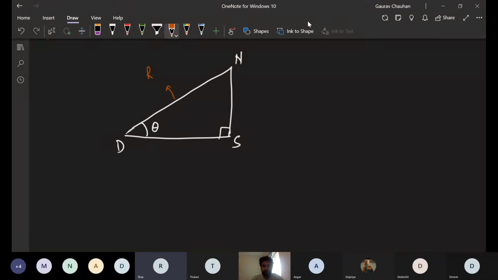DS is the adjacent side, or the base. And NS will be the perpendicular, or the opposite side.